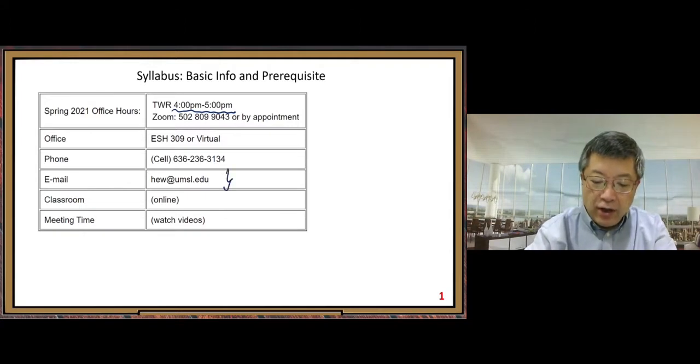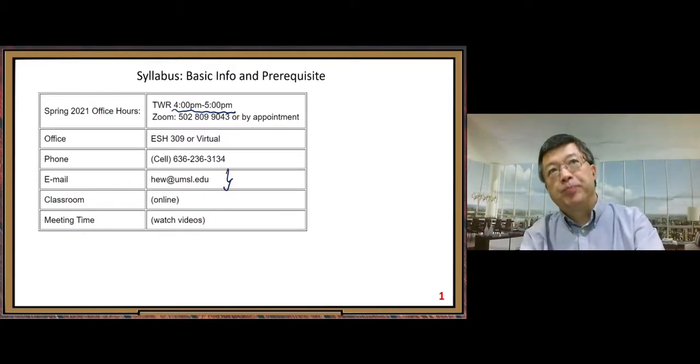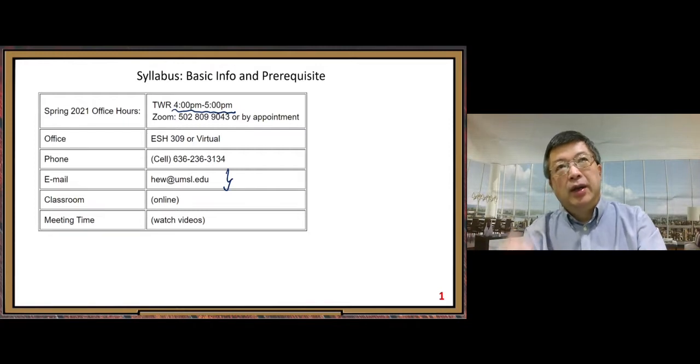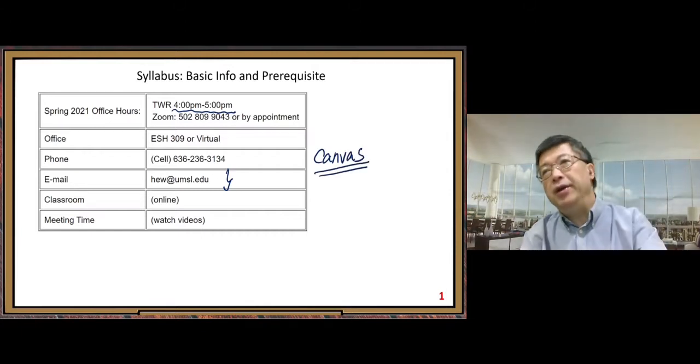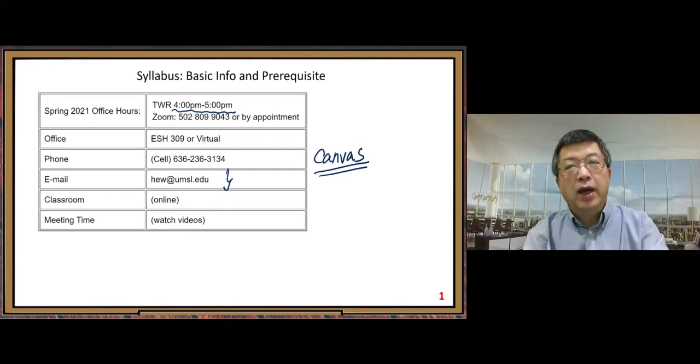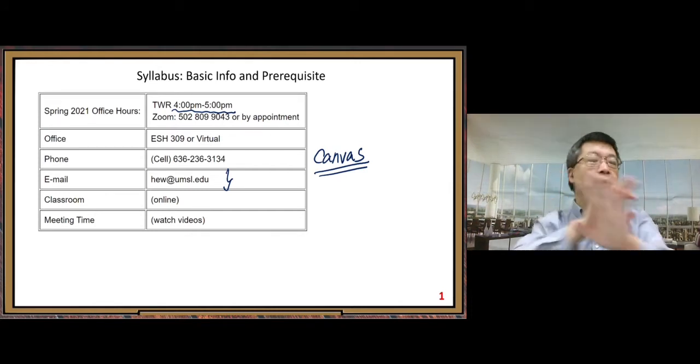For email communication, usually you may not get an immediate response. If you send me messages through Canvas, that will be better, because in Canvas there is no garbage mail.